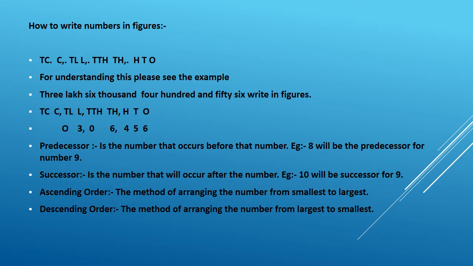On 10 lakh place, no number is given, so we will write 0. After it, you write 6 under 1000 place. On 10,000 place, no number is given, that's why we will write 0. 4 we will write under 100 place and 56 under ones and tens place.